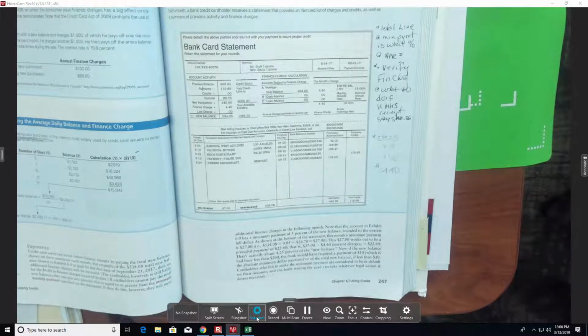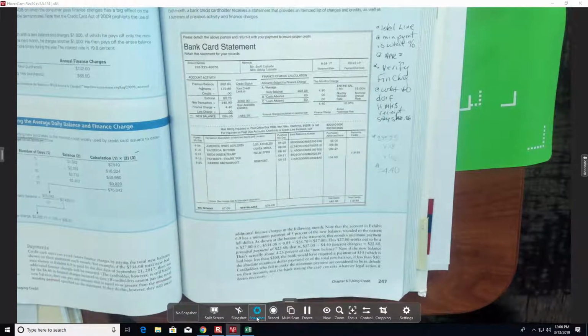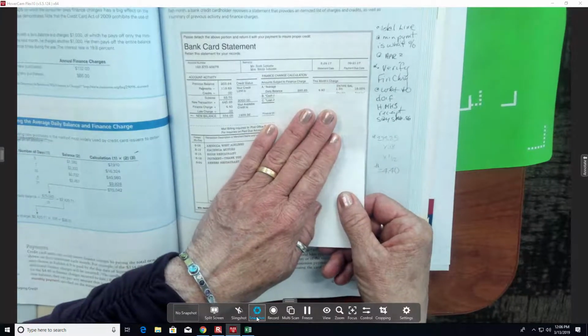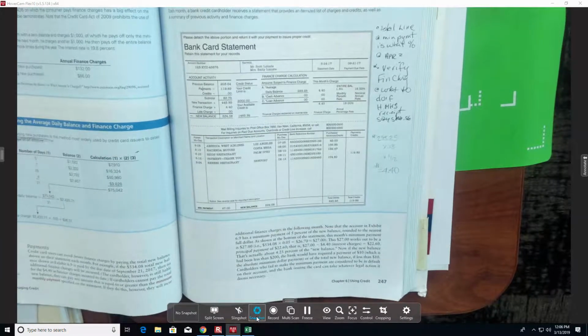So looking on page 247, what is the finance charge? How much is it? $4.40, which is right here, right? This month's charge, $4.40. Okay? Obviously, you need to verify your finance charge when you get a credit card statement.